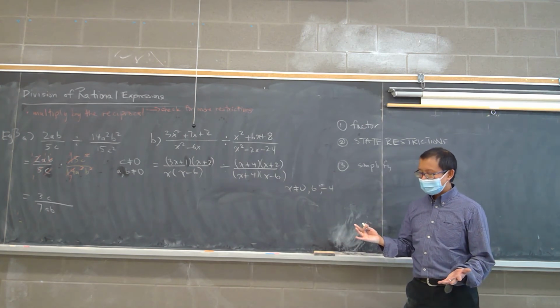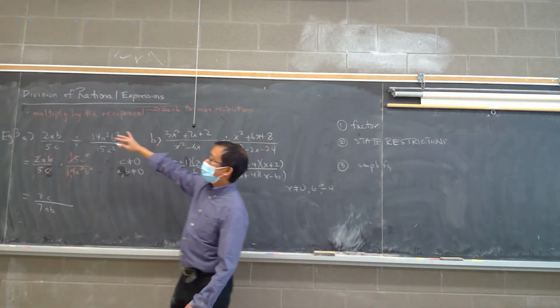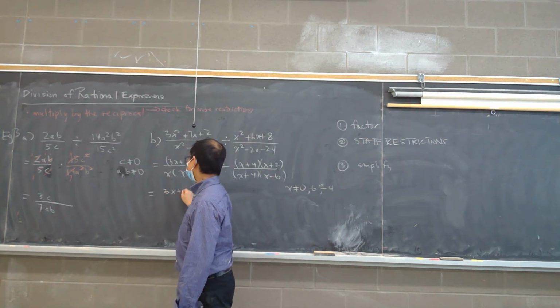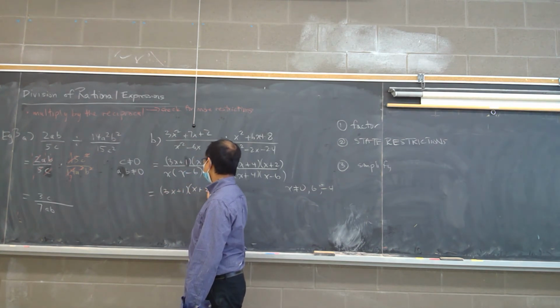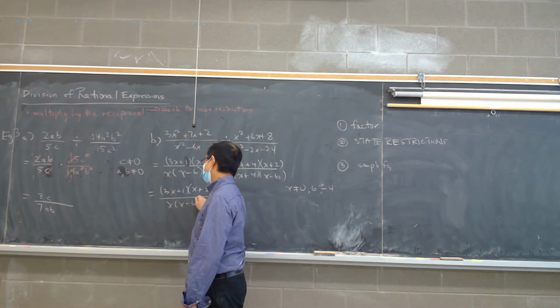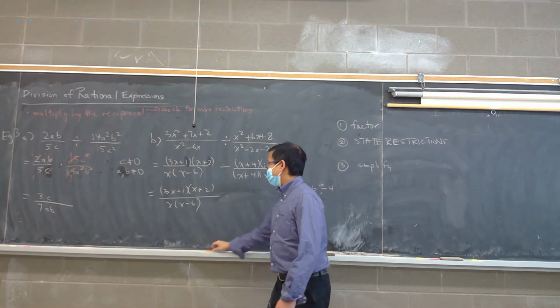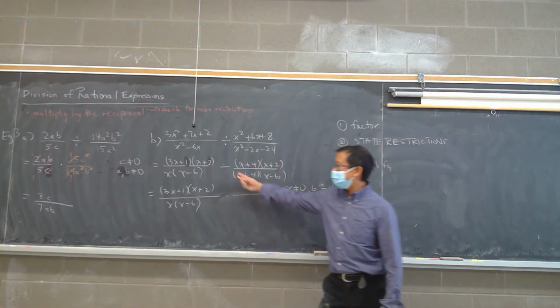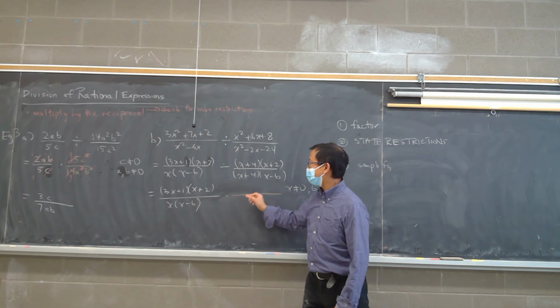Any questions? Red rule, you see? Division means multiply by the reciprocal. I know it seems long. That's why you're in grade 11. Some of you find it tedious. We flip the second rational expression because division means to multiply by the reciprocal.